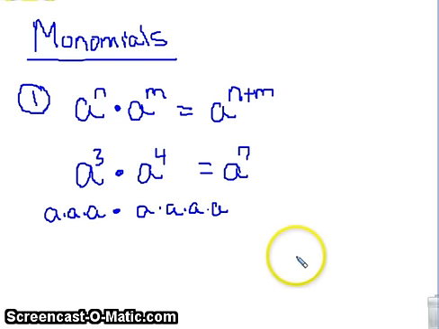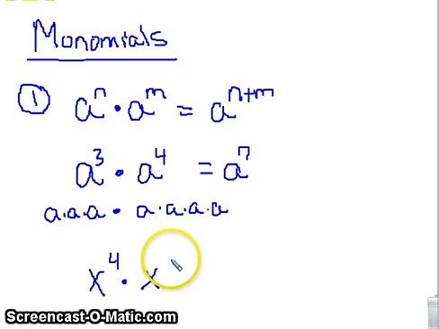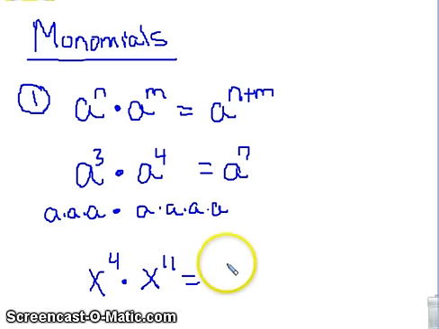When you are multiplying with the same base, you add the exponents. So just throw another one in, x to the 4th times x to the 11th. I have 4 x's and 11 x's, so that's just going to be x to the 15th.